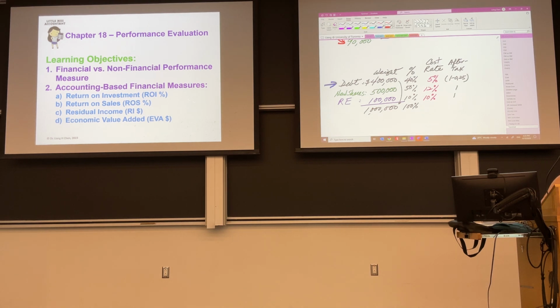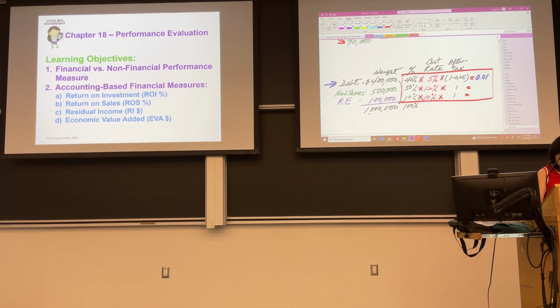So how do I calculate? I take 40% times 5% times 1 minus 0.25, the after-tax cost. So now the effective interest rate is not 5%, it's only 1.5% because we get a tax benefit.